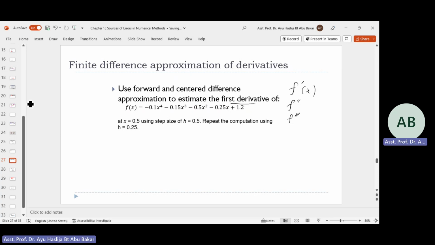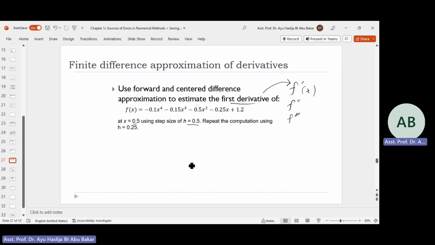So first derivative means f1 prime of the f(x) function, at x equals 0.5, with a step size of 0.5.